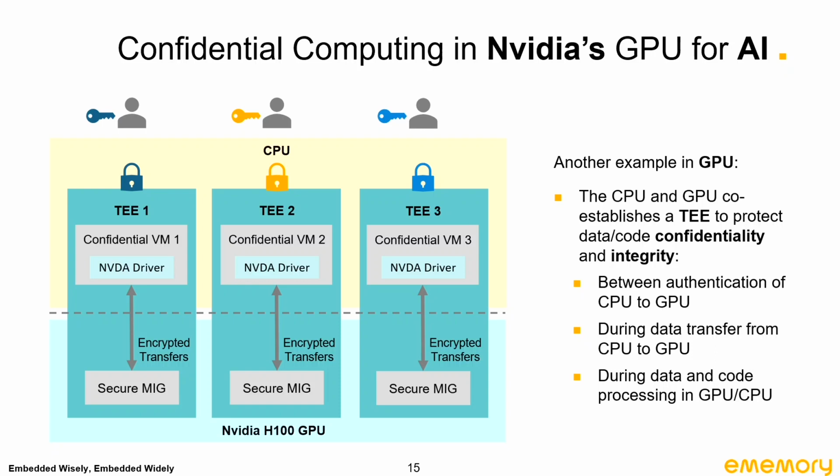And the second function is to guarantee the data integrity and the confidentiality between the CPU and the GPU. A better way to understand this is that the data being transferred will be encrypted and decrypted with an encryption key exclusive to the CPU and the GPU, and the data transmitted between the CPU and the GPU will be protected.